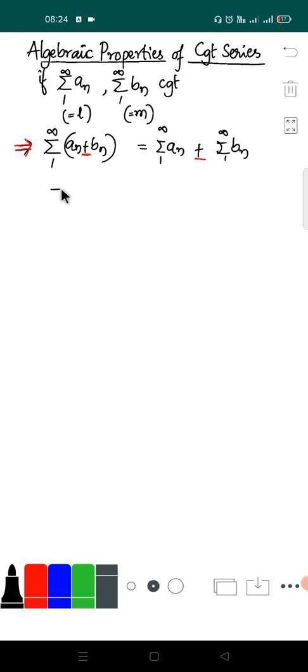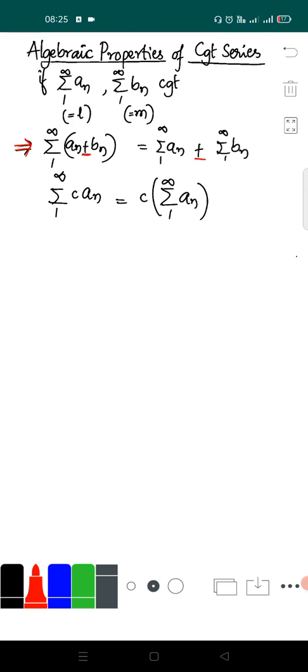And another property is, since we know that an is convergent, if you multiply each term by a constant c, the summation of c into an from 1 to infinity is nothing but c into the summation of an, which is c into L. This series converges to c into L. These two are the properties if these two series are convergent. This is not the other way around.